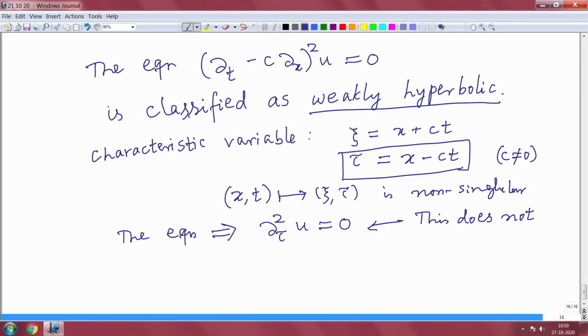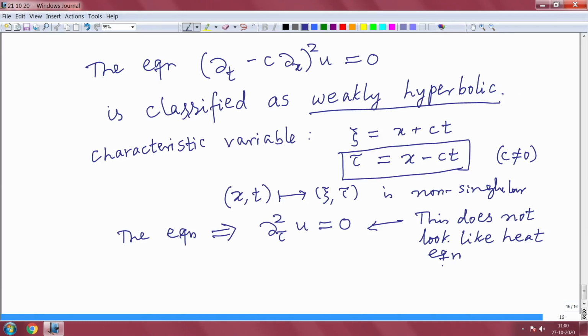This is more like an ODE because it is only del eta square. There is no del xi there. So, it is more like an ODE, far from the heat equation, which is a typical example of a parabolic equation. So, this is one reason why this equation should not be called parabolic.